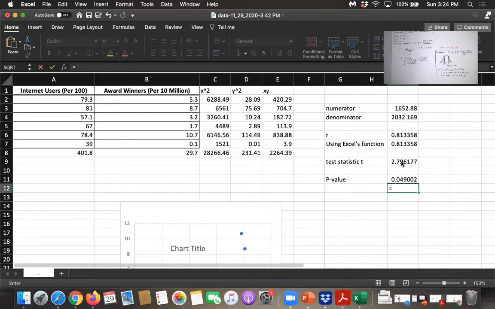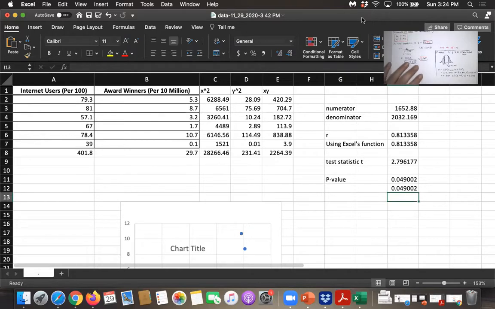Or we could use the two-tailed test. So we could type equals t.dist.2t, open parentheses, and we want this test statistic and 4 degrees of freedom. So in either case, we get the same value, which is what we should get, and that's a p-value of 0.049 when we round to 3 decimal places.